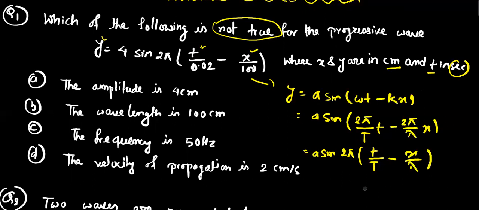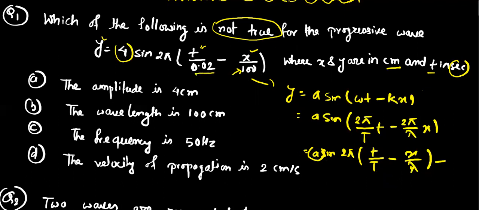this kind of relation. On comparison, we can easily say that the amplitude of this wave is 4. That's why this is correct. In the second option, the wavelength is 100 centimeter. On comparison with the provided equation, we can say that the wavelength is 100 centimeter. That's why this is also correct. To find the frequency, we compare the time period here.